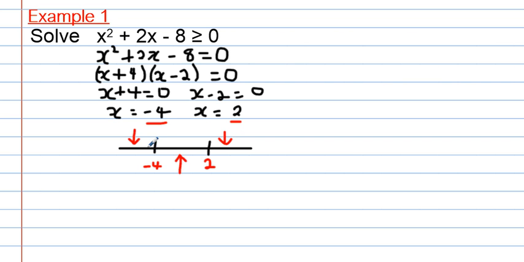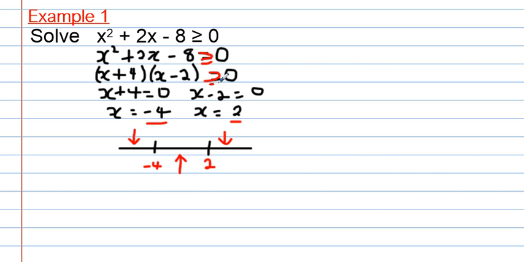So we need a number. If I test this region, any number less than minus 4, I'm going to test it in here, and it needs to be more than or equal to 0. Okay, if I change that to more than or equal to 0 now, that'll make sense.